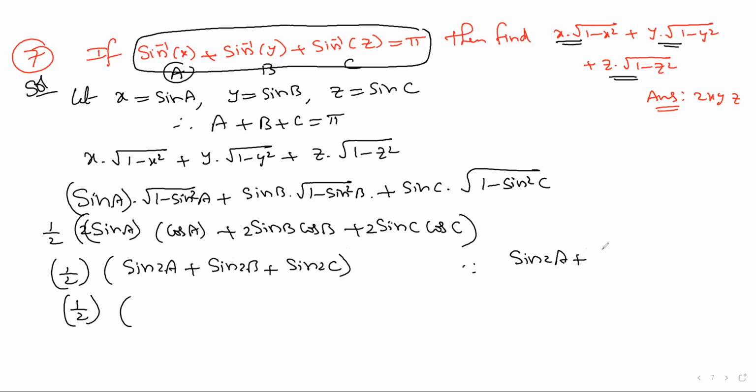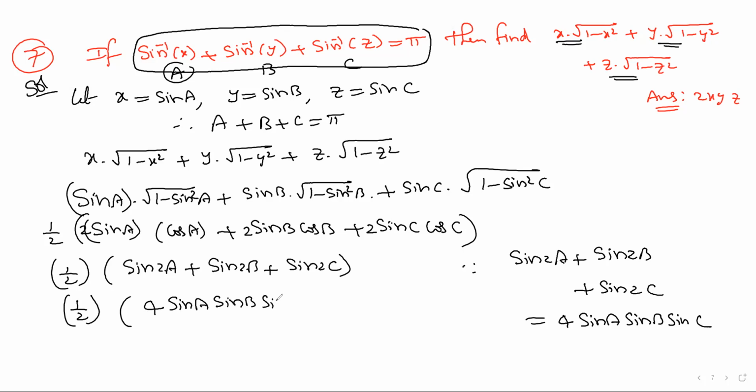What is the formula? 4 sin A sin B sin C. Here write 4 sin A sin B sin C. Here 1, 2 get cancelled. 2 into sin A, place x. Sin B, place y. Sin C, place z. What is the answer here? 2xyz.